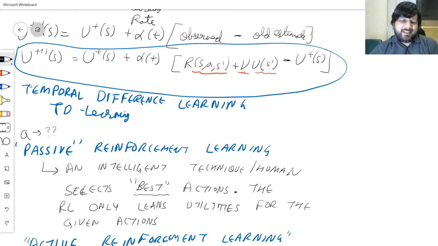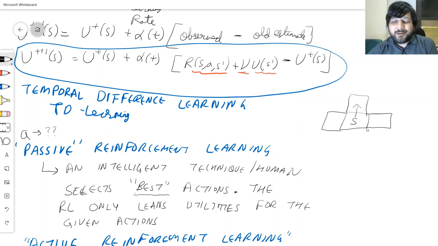Let us take a dummy example and say this was my state S, and I fixed the action to be up, and this becomes either of these three states S dash. To give it numbers, let us say this is 2,1, this is 3,1, this is 1,1, and this is 2,2, and my action is fixed to be up.